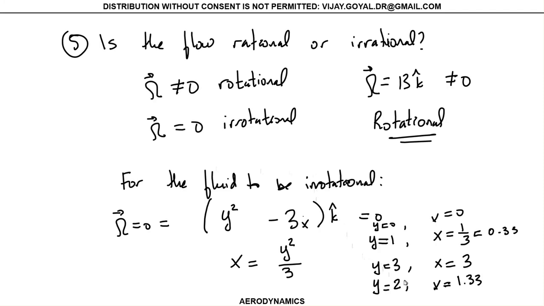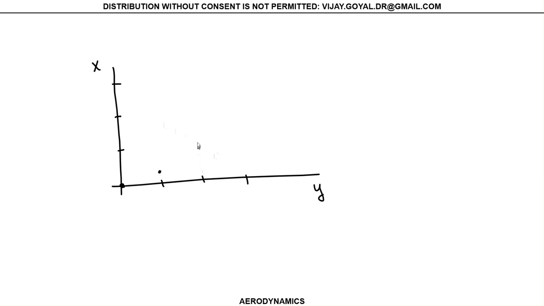If I put a value of 2, it is 1.33, about here. If I put the value of 3, I get a value of 3. So what you can see is that the path of your fluid for this particular fluid particle is actually looking something like this, where these are the locations of the points where this is intersecting.